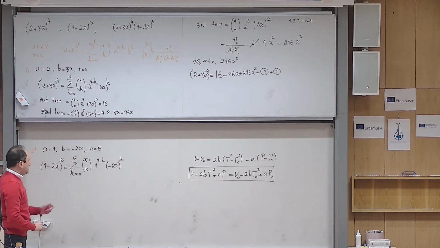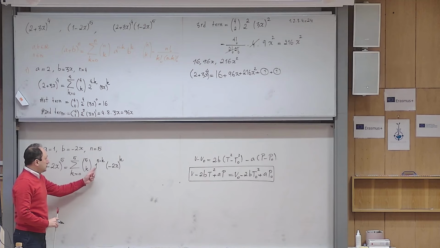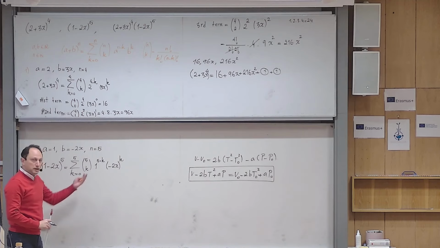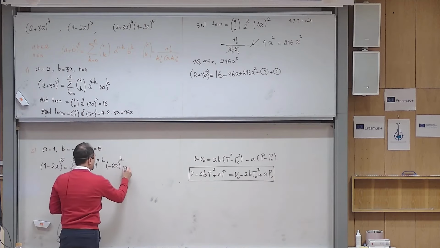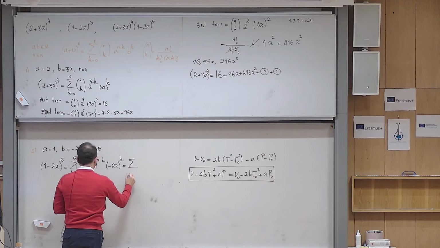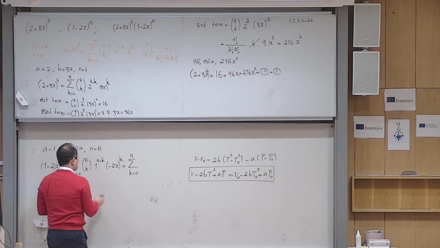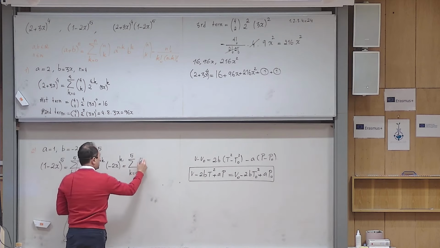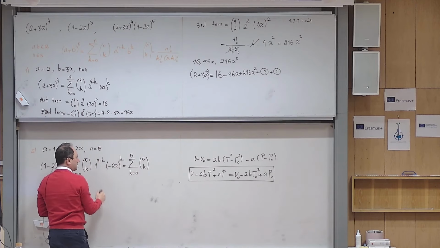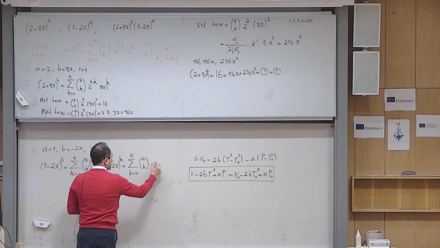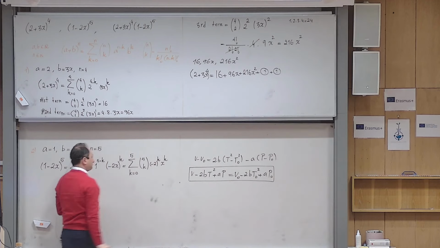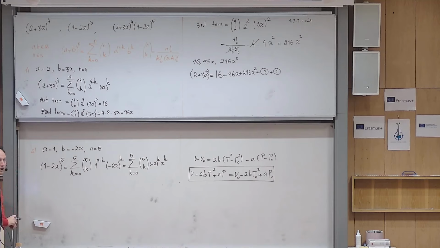But you see immediately that 1 to any power is just 1, so I can simplify it a little bit more. So this becomes sigma, k goes from 0 to 5, and then I have 5 choose k, and then minus 2 to the power k, and x to the power k. So this is what I get.